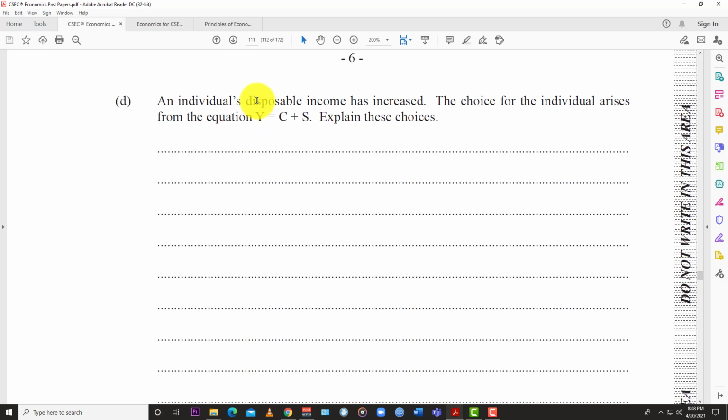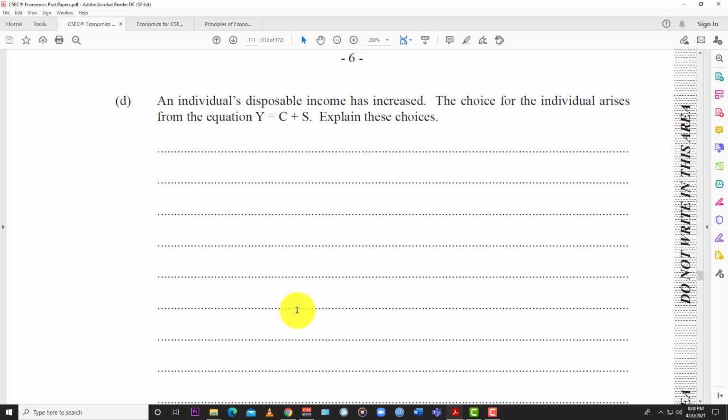So let's explain these choices. Your Y is your income, C is your consumption, and S is your savings. And so you have what you call your marginal propensity to save or your marginal propensity to consume. And this can change based on your income. Sometimes as your income increases, your marginal propensity to consume increases.